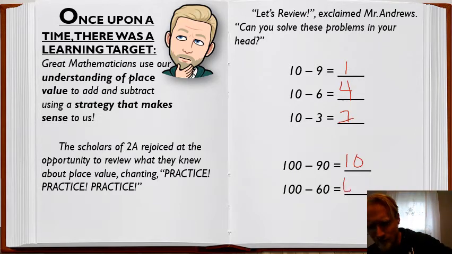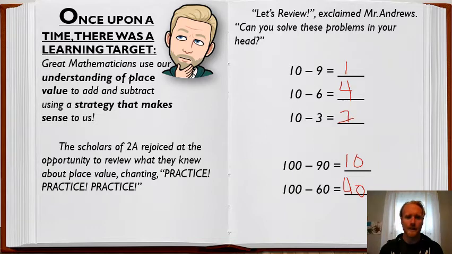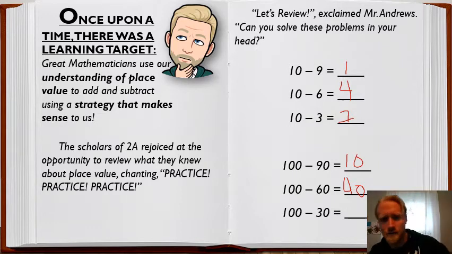You guys are sharp today. Keep it up. Sorry for my poor computer handwriting. And last one, 100 minus 30. You got it. If 10 minus 3 is 7, then therefore 100 minus 30 is going to be 70.